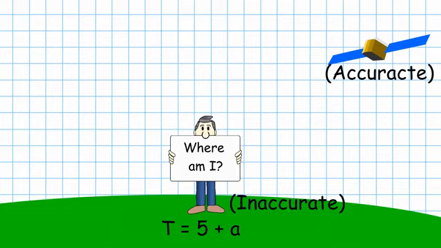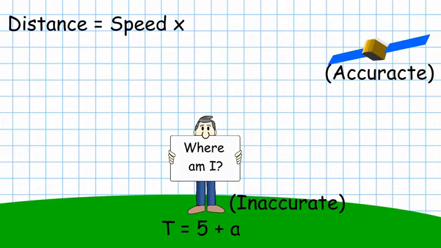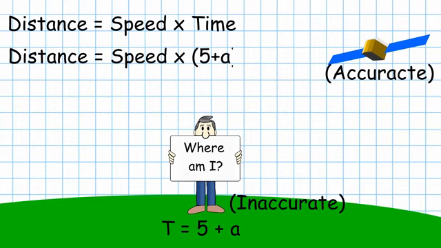The equation that we use to calculate the distance to the satellites now becomes distance equals speed times time, which equals speed times (5 plus alpha). This offset is going to be the same for all equations, as the time offset is constant. The receiver's clock is wrong by a set amount. We just don't know what that amount is.